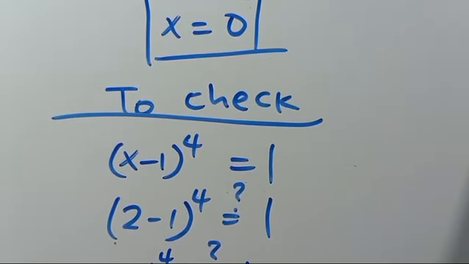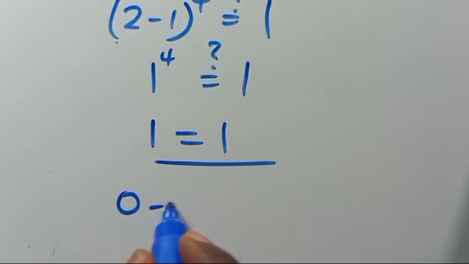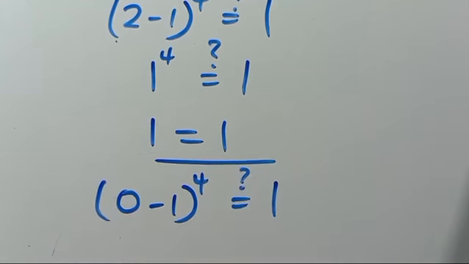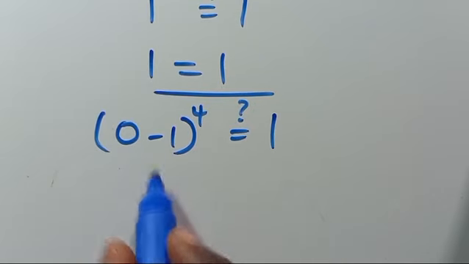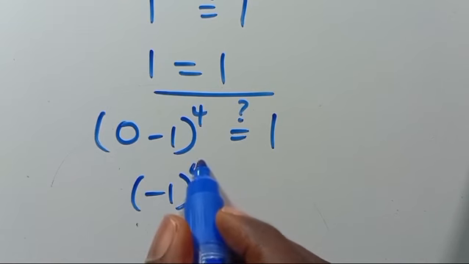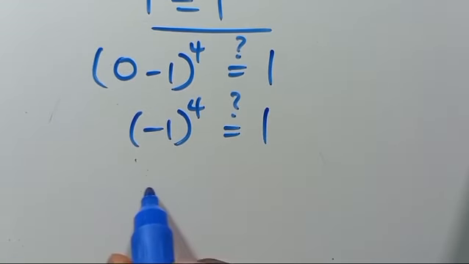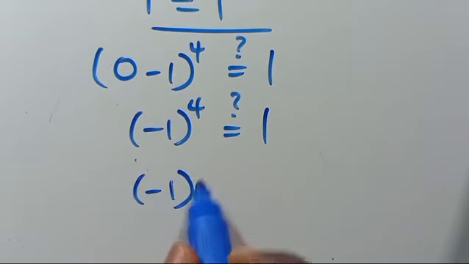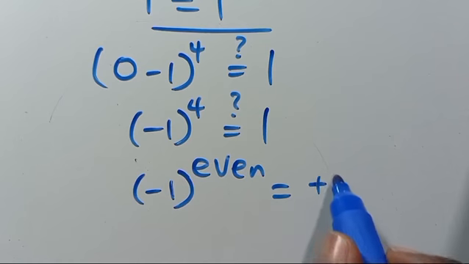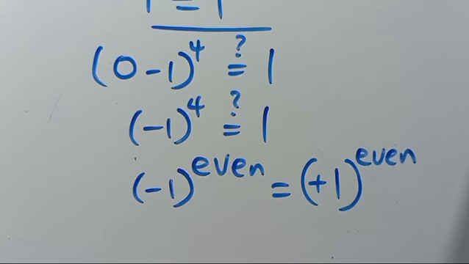When x = 0, from here we are going to have (0 - 1)^4, then it's going to give us 1. 0 - 1 will be -1, so (-1)^4 is going to give us 1. Anytime you have -1 to the power of an even number, bear it in mind that it gives you +1 to the power of that particular even number.